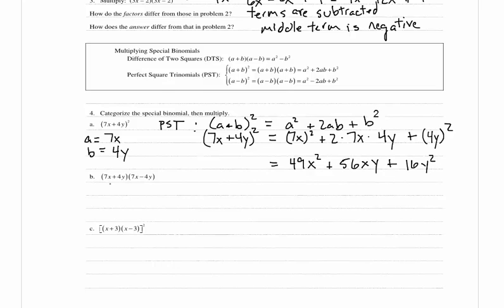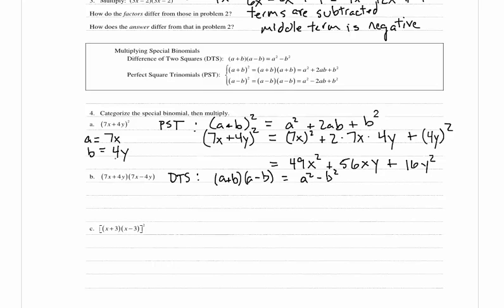Now we have 7x plus 4y times 7x minus 4y. And in this problem, we have the difference of two squares. We have the same terms in our binomial, opposite signs, and this is going to be a plus b times a minus b is equal to a squared minus b squared.